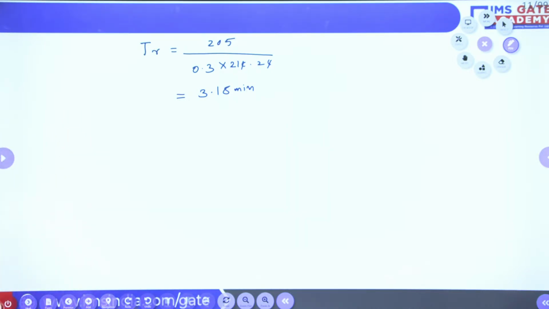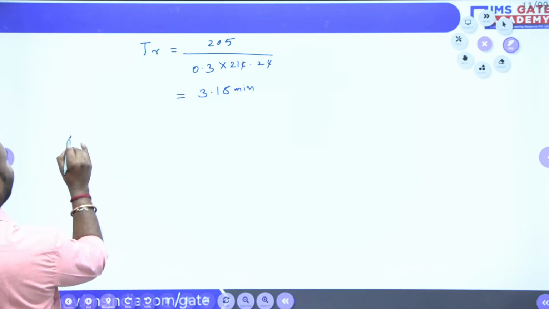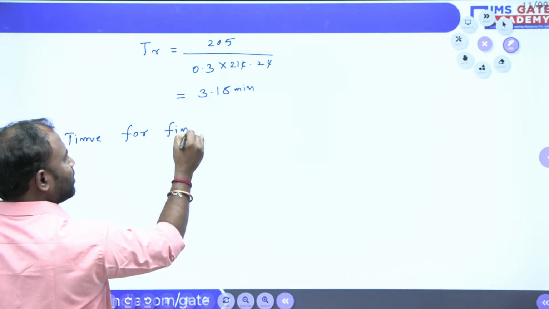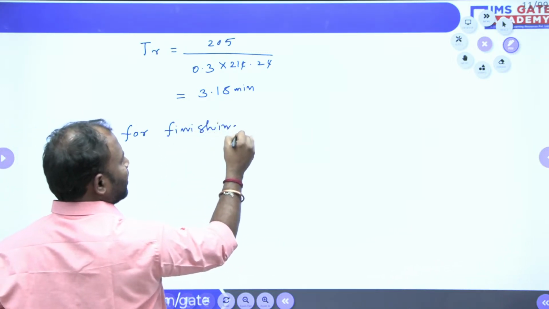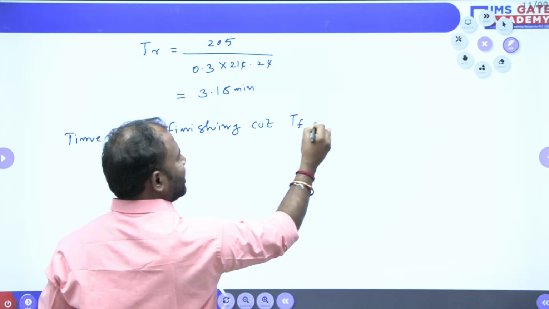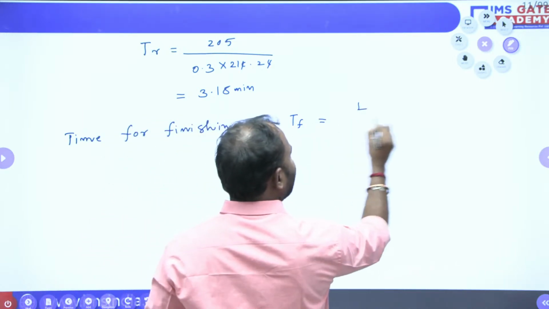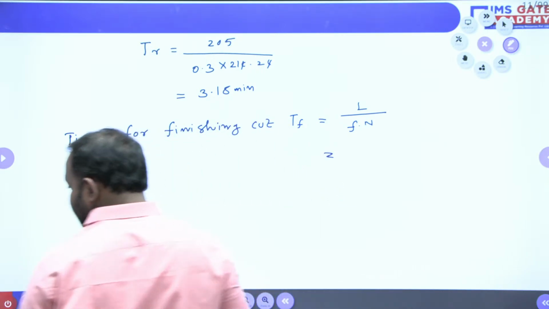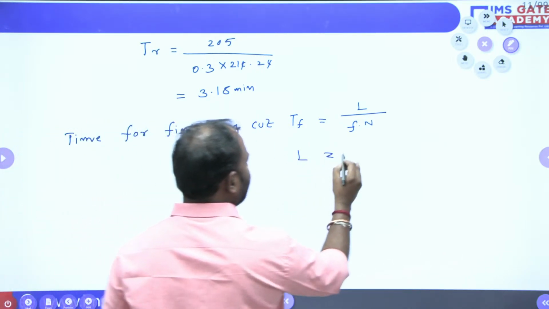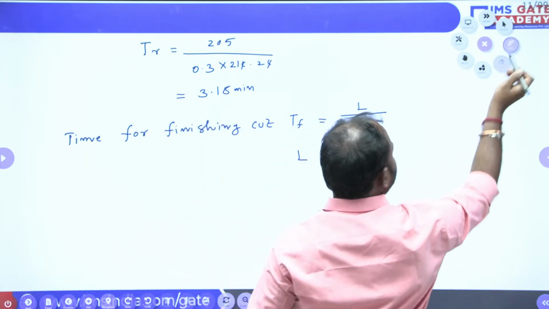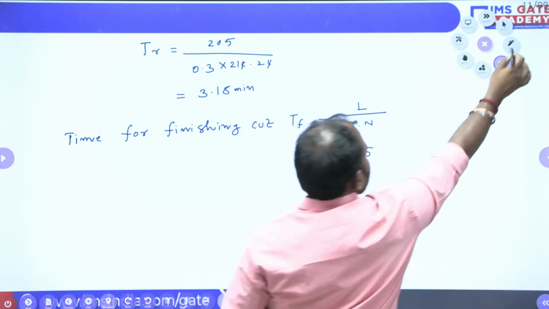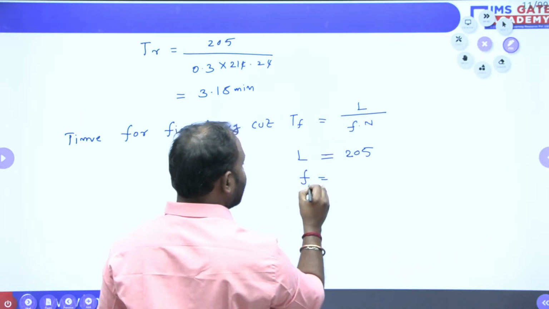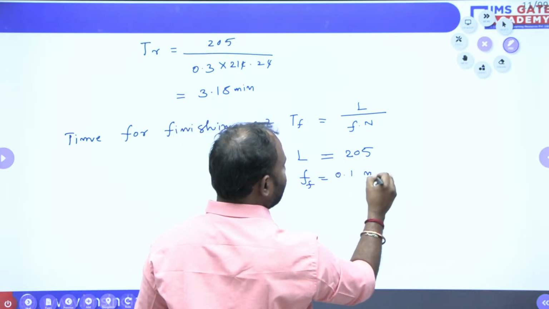Now let us go for time for finishing cut. Time for finish cut, we'll say it is TF, that is L by F into N. Now here L is again 205 mm, and F is 0.1 mm per revolution.